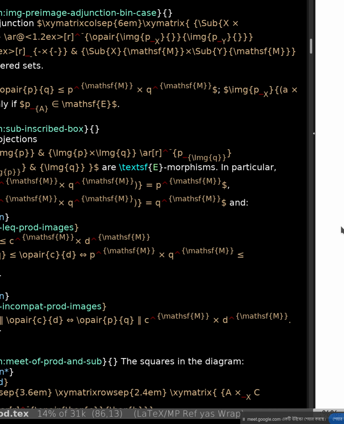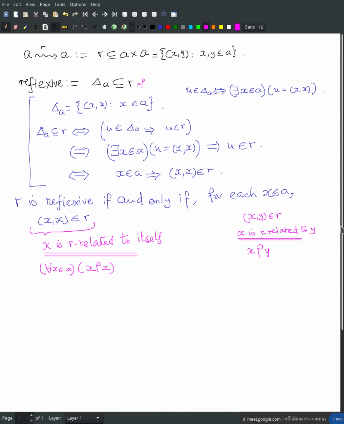Regarding 4.1.2, let us try a few examples. So then this was the scenario with reflexive. Can you tell me what will be the scenario with symmetric?